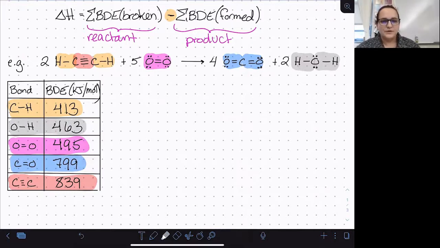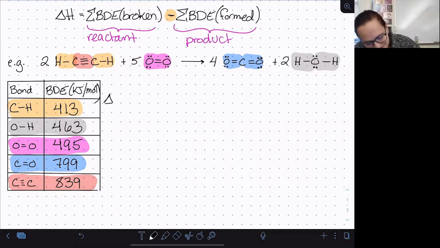So once we've identified the different types of bonds and that we have all of the data that we need here, we can work on essentially just plugging in to this formula. So we want to start with all of the bonds on the reactant side that we're going to be breaking up.